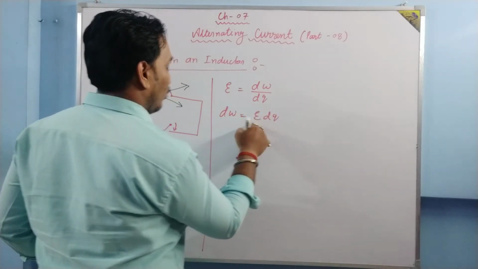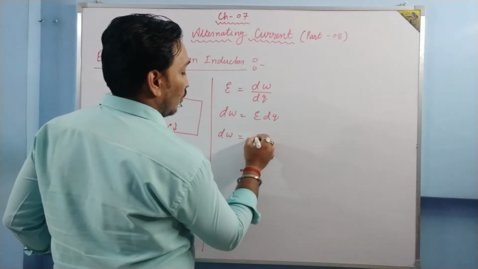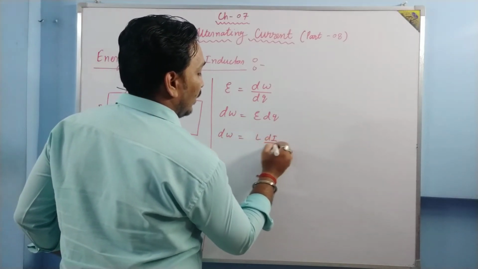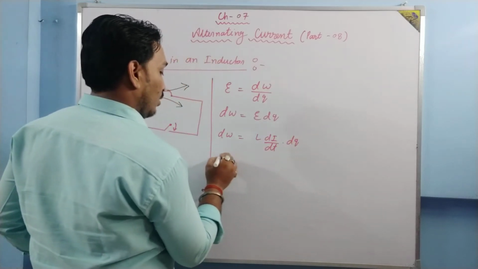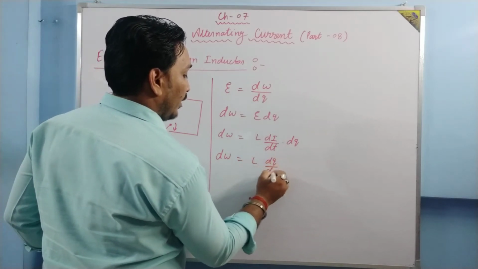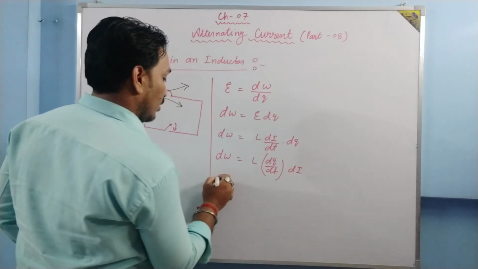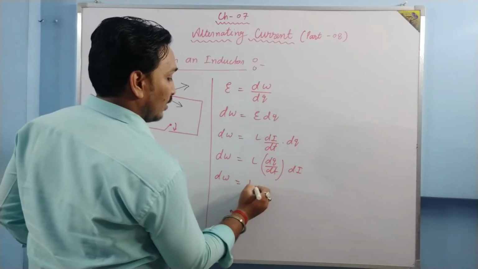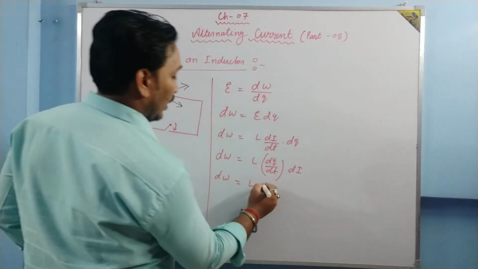The value of E is L di by dt, so dW is L di by dt into dq. Let's take dq and dt together: L dq by dt into di. Now dq by dt is the rate of flow of charge, which is current. So dW is equal to L i di.